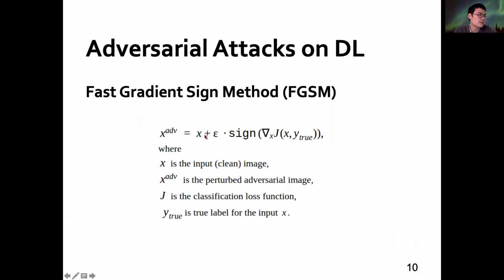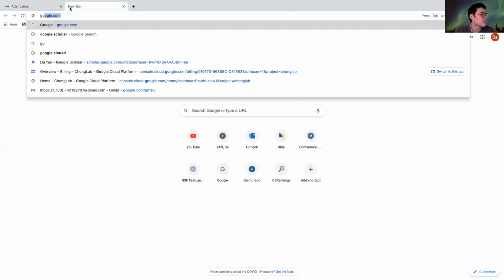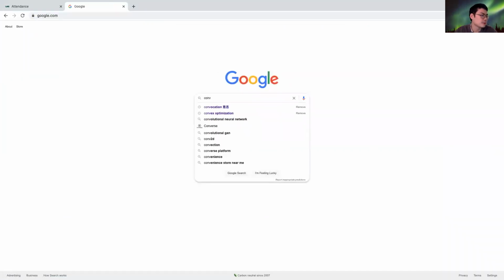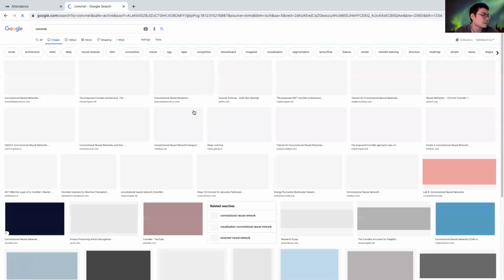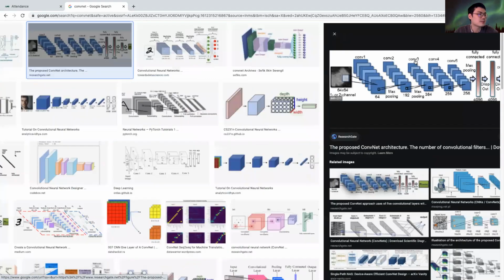Let me go to a deep learning model. That may make sense more clearly. Because we will do the project, we need to make the concept crystal clear. Then you can understand it better. Let's look at this image. That's good enough.